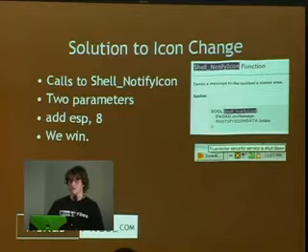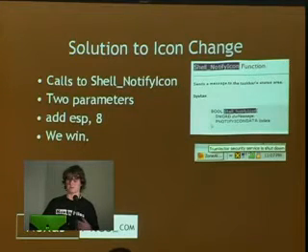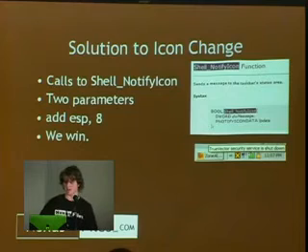There's actually a call called Shell_NotifyIcon that will do this. You basically give it a message that you want to send to the icon, and then give it a NOTIFYICONDATA structure, or a pointer to it, that will give it different information, such as what image to replace it with, stuff like that. So as you can see here, there are 2 parameters being passed to this.